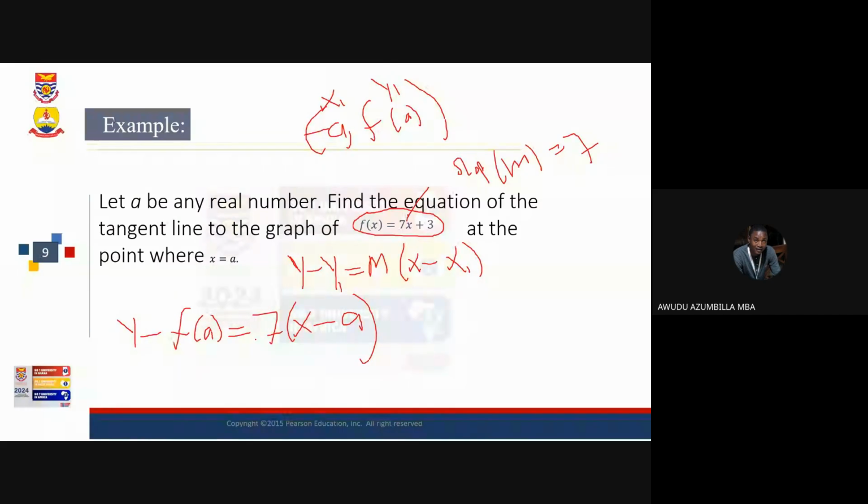So when you have something like this, I want y to stand alone. So I will move this one to the other side and let y stand alone. So y is equal to 7 bracket x minus a plus f of a.